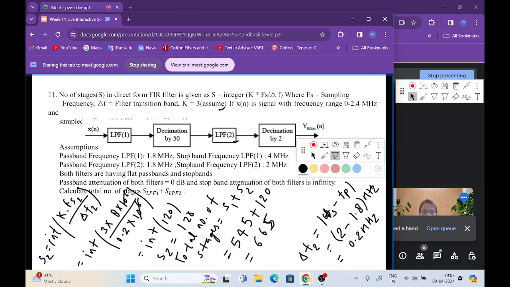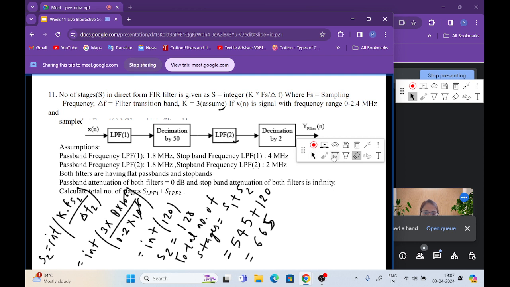I hope all of you understand this question. If you have any doubt, you can ask. This type of problem we have to solve like this. If we divide any system into multiple stages, their pass band frequency and stop band frequency must be given, or you can take them as an assumption.